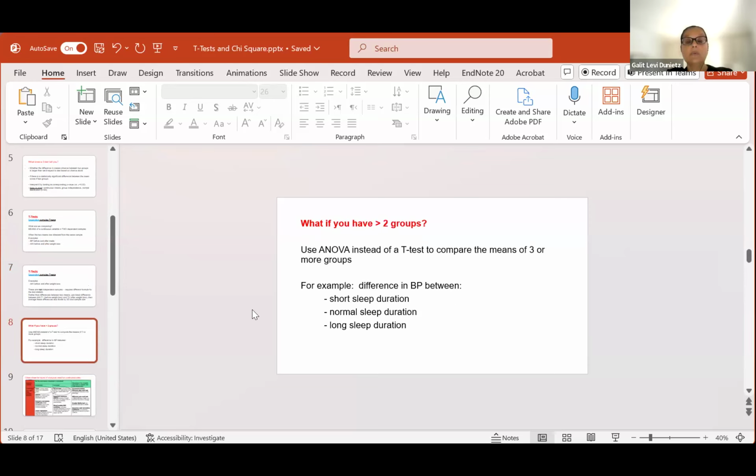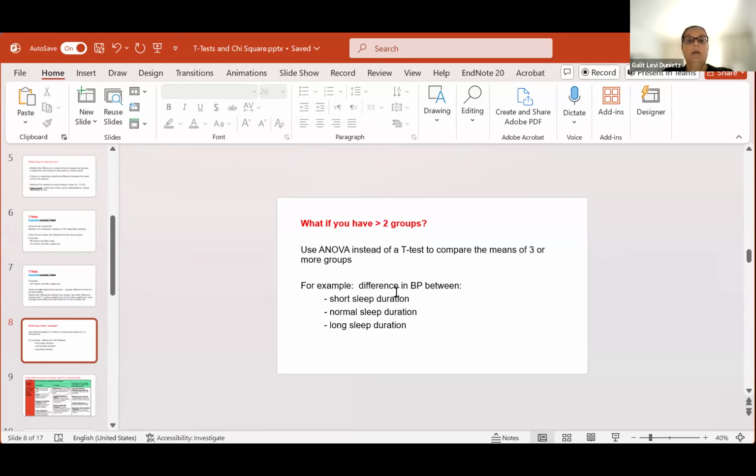Okay, so this is when we're talking about two groups. What happens if we have more than two groups? Instead of using the t-test, we're using ANOVA. And here, we're assuming that there are at least 3 groups or more. So the comparison is being done of means across 3 or more groups.